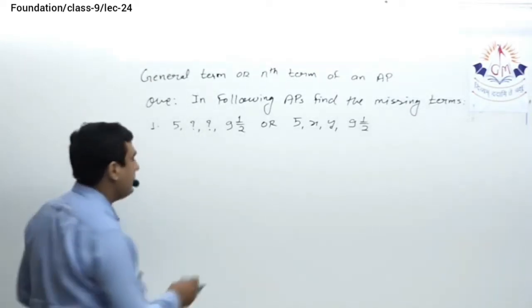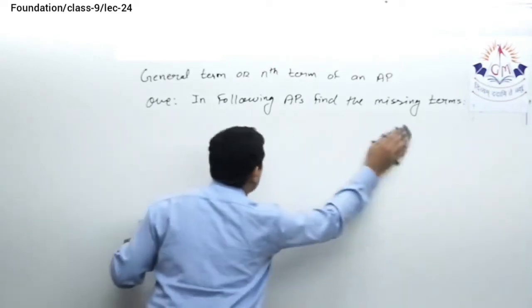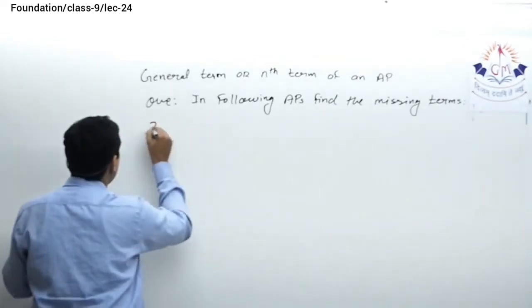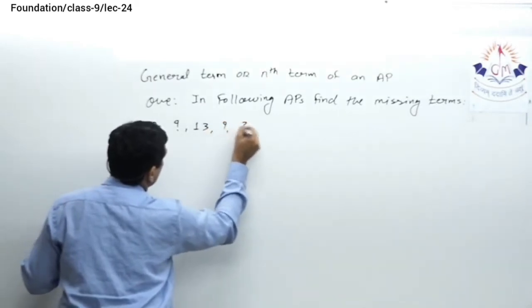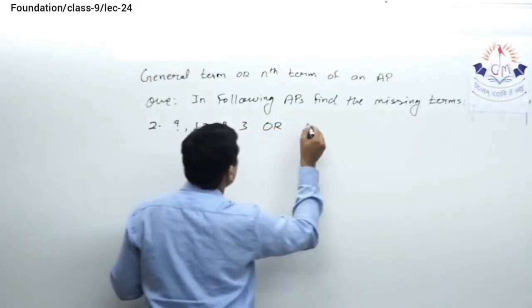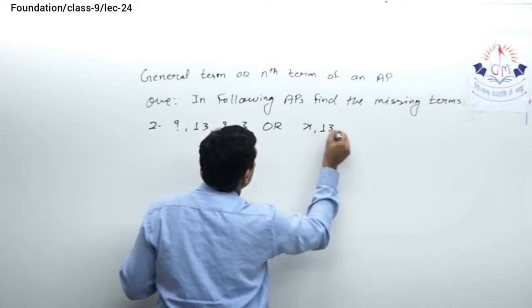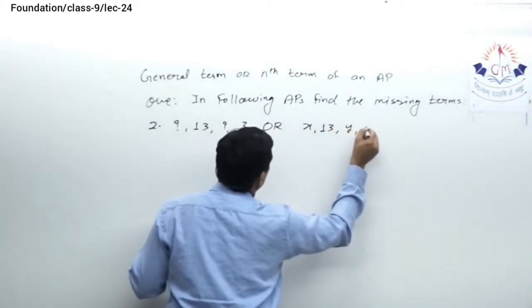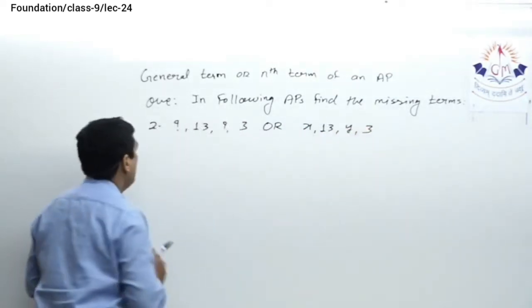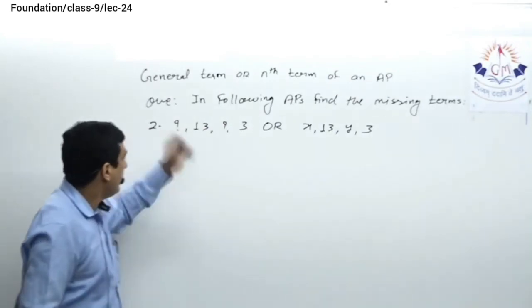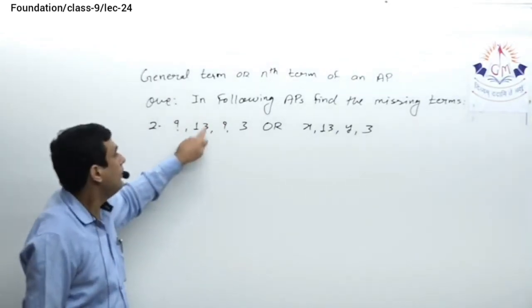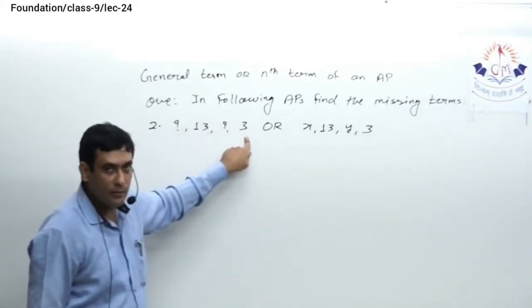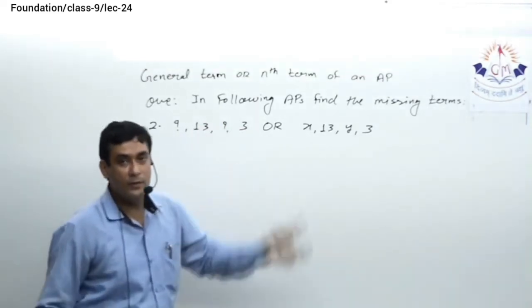It is given x, comma, 13, comma, y, comma, 3. So again here, in other words, I have the second term a2, as well as the last term, as well as the number of terms.